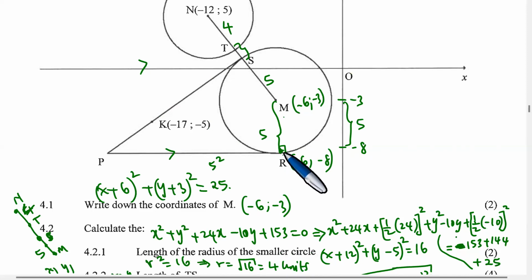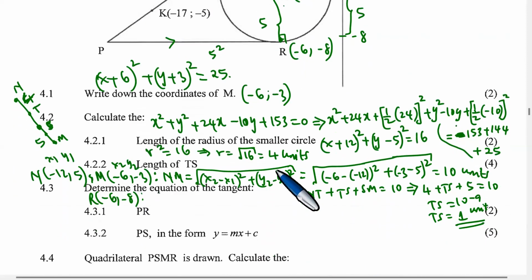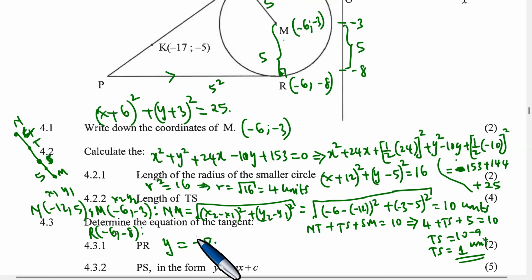So the equation of the tangent PR is y equals -8.